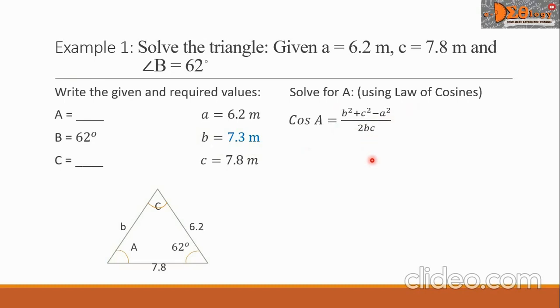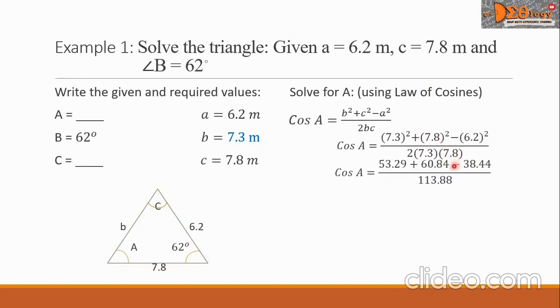Let us now substitute the values. So cosine A equals 7.3 squared, then plus 7.8 squared, and minus 6.2 squared, then all over 2 times 7.3 times 7.8.